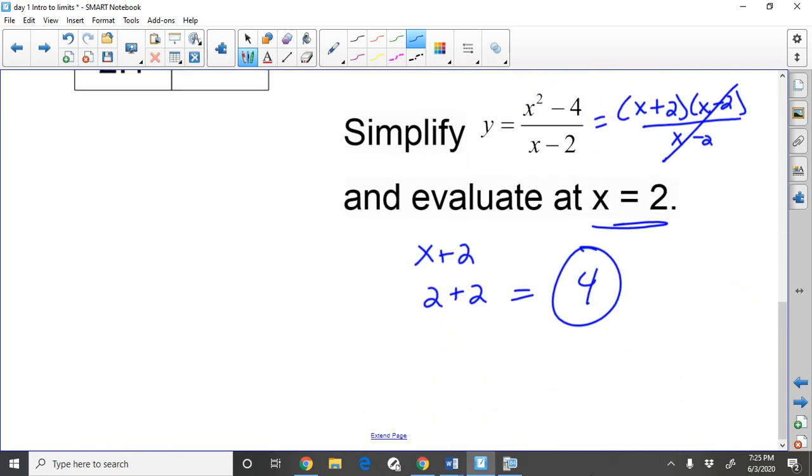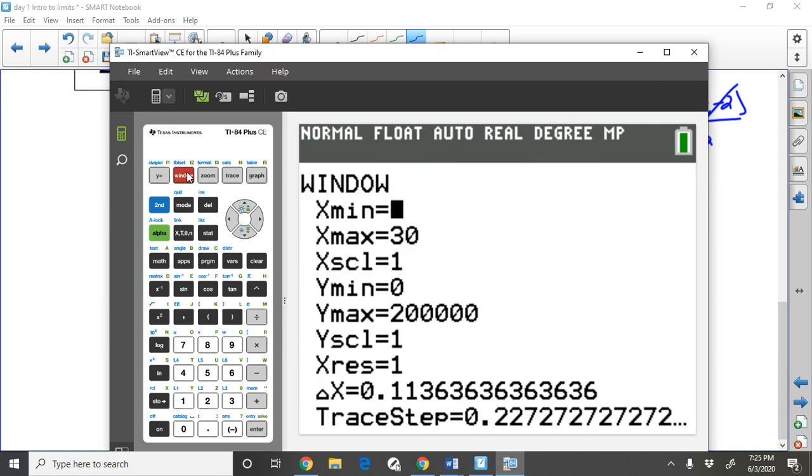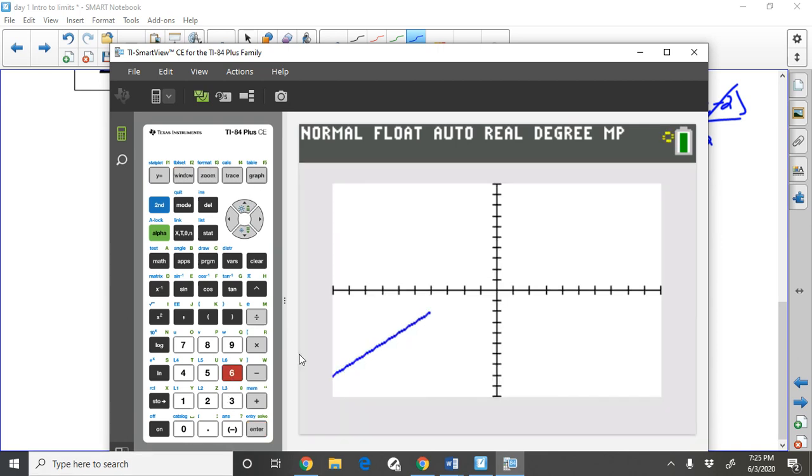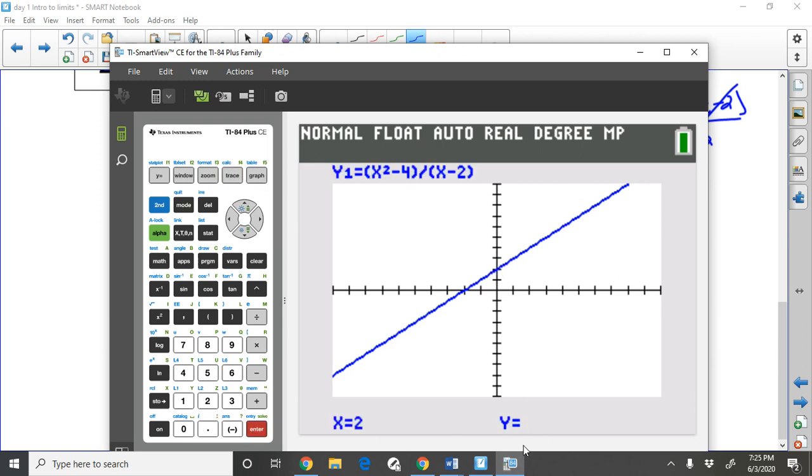So on this graph, this function looks exactly like the line y equals x plus 2, except that if we trace and type in 2, we get that the value is undefined. So there's a single hole where x equals 2. And so the graph approaches 4 from both sides around 2, but it doesn't actually hit 4.